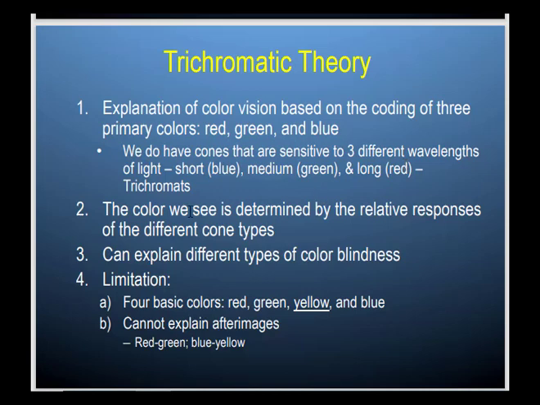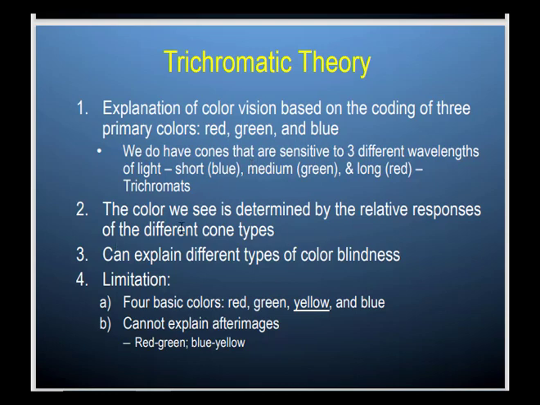So if you have predominantly incoming action potentials from blue cones, you're going to perceive it as blue. Predominantly medium cones, green. Predominantly long cones, red. And then different ratios of these, you'll perceive it as different other colors. So purple, yellow, orange, etc.